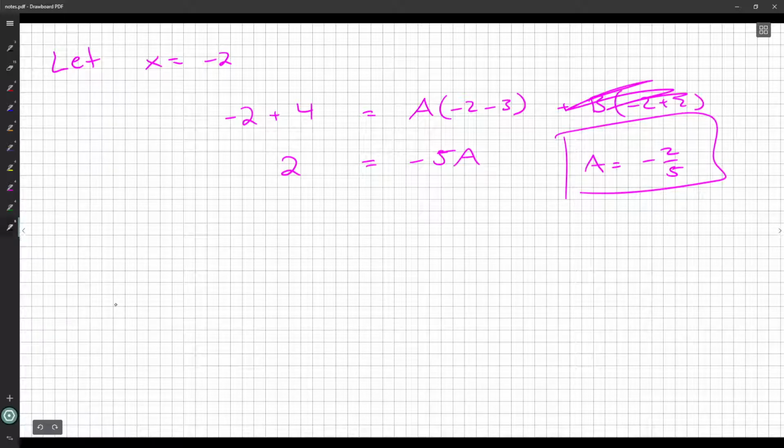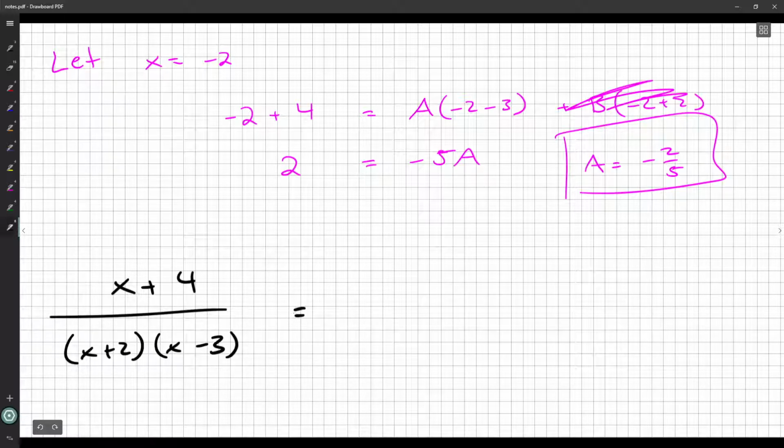Okay, so that gives us our decomposition, our partial fractions. This is an alternate way to express x plus 4 over x squared minus x minus 6: -2/5 over x plus 2, and then 7/5 over x minus 3. All right. How does that help? Well, by rewriting this integrand, we can more easily integrate.